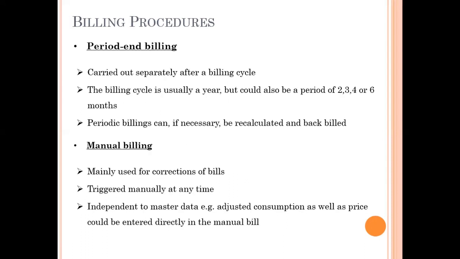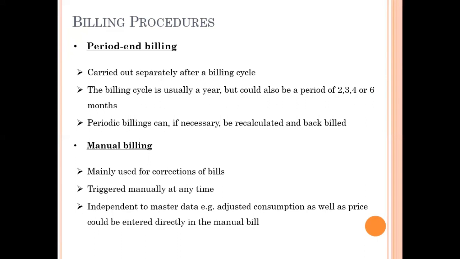Now, there are other kinds of billings which are called period end billing. Now, period end billing is always done in a separate billing cycle. And the billing cycle is usually a year, means after a year, you will generate the billing for monthly or quarterly billing.